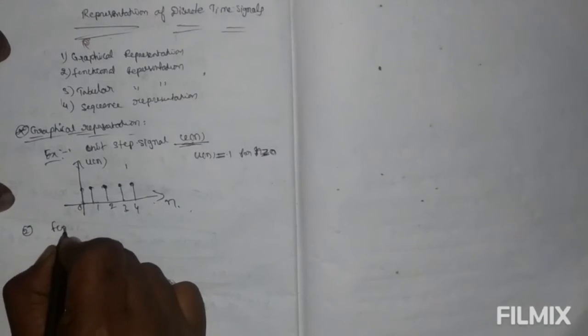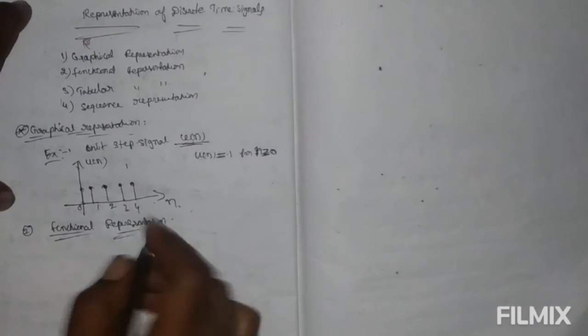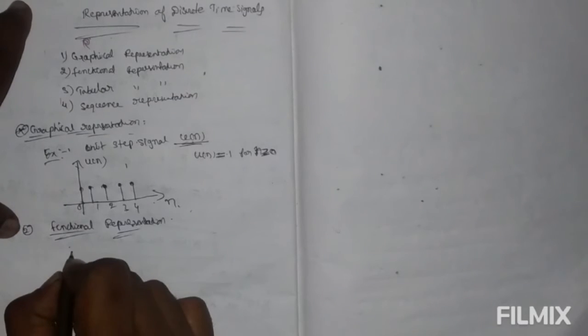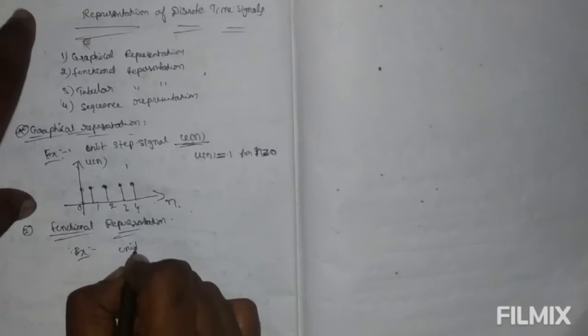Second one is functional representation. Consider the example of the unit step signal.